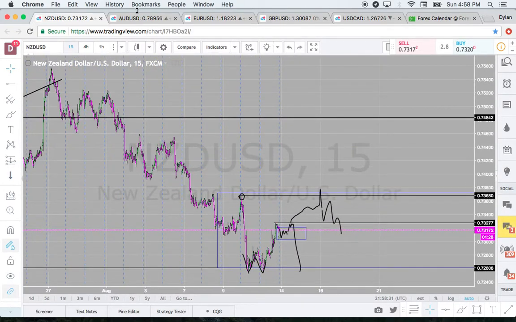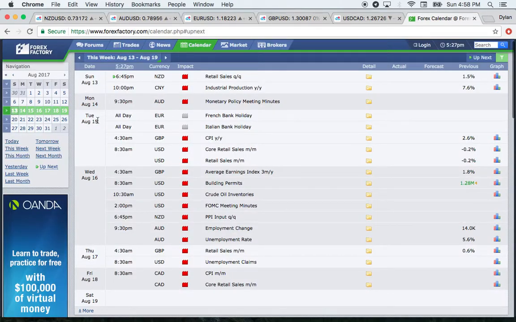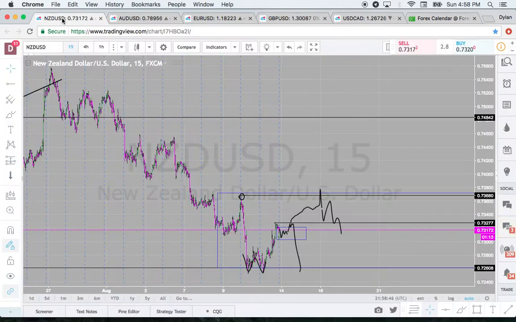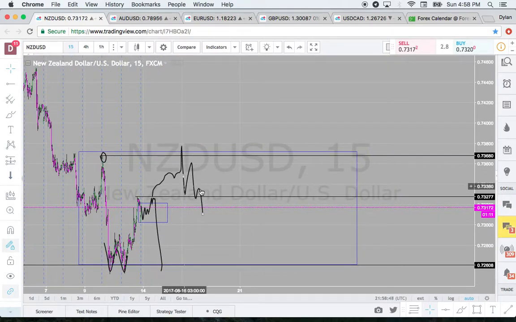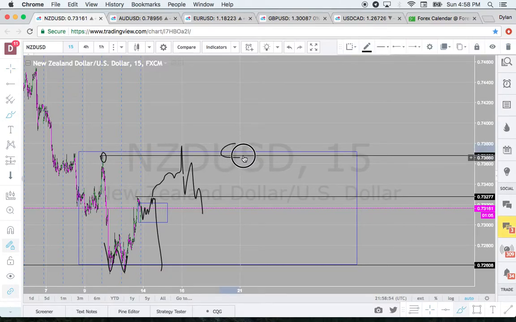Next, we have NZD USD. We really don't have any news until Wednesday, besides the news that we have today. So the Wednesday news could be used to spike either this previous high or this previous low.